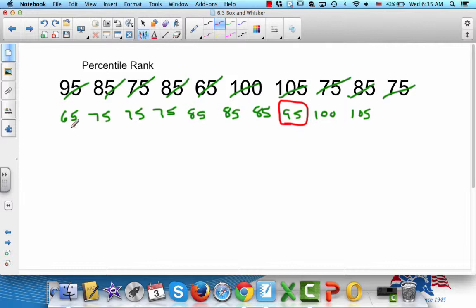So in this group, there's 1, 2, 3, 4, 5, 6, 7, 8 that are less than or equal to your score. So there are 8 out of a total of 10. So 8 divided by 10 gives you 80%. That means you scored on the 80th percentile.